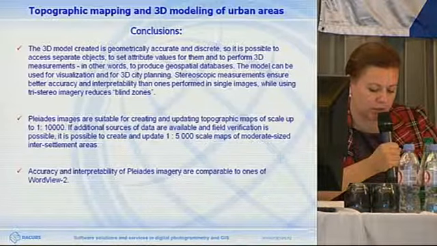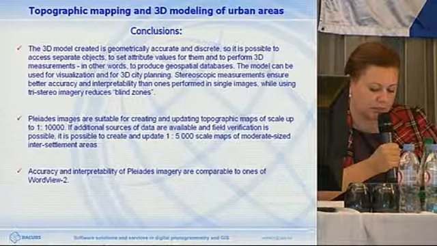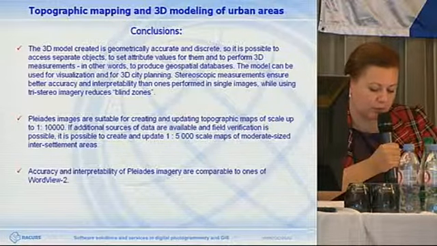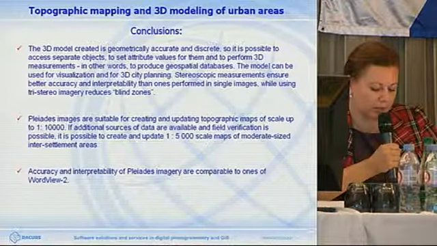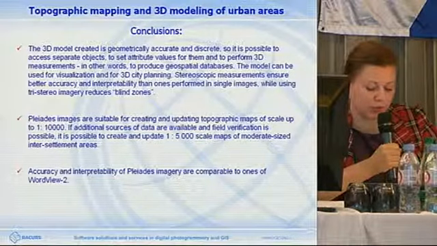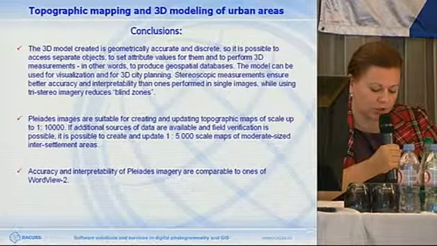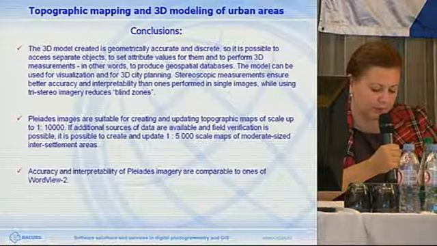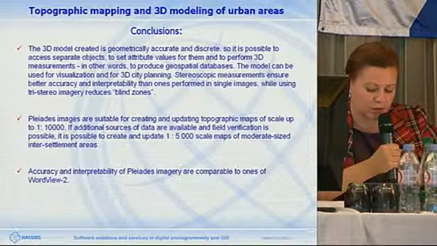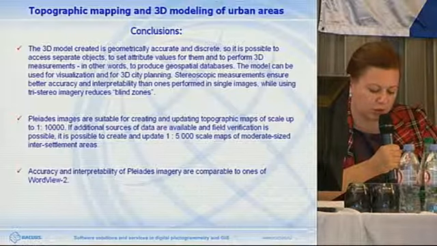The resultant 3D model is metrically correct and discrete. The discreteness of the model makes it possible to work with individual objects and assign attributes to them, meaning you can do 3D measurements. This model can be used for site visualization and for spatial solutions for urban planning.